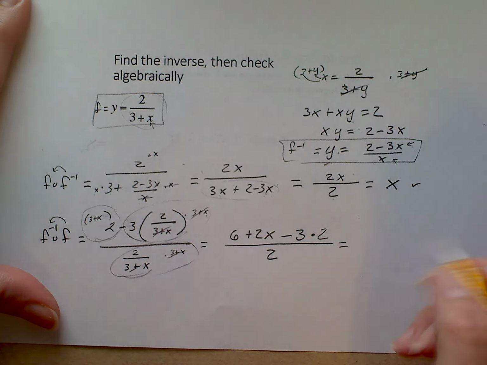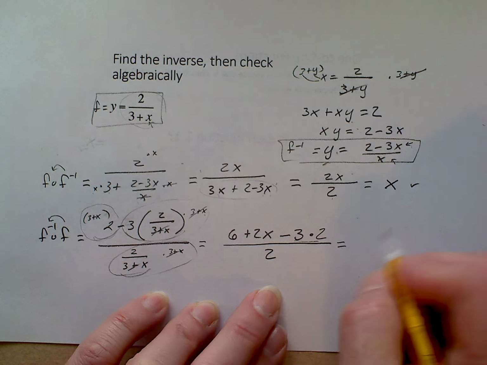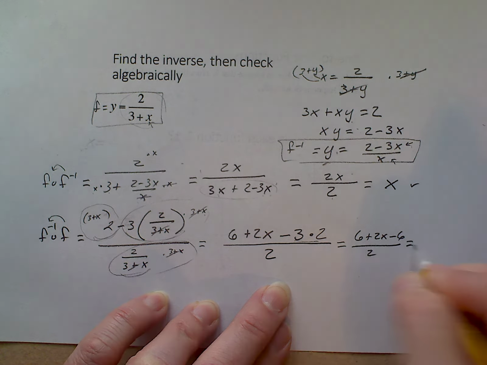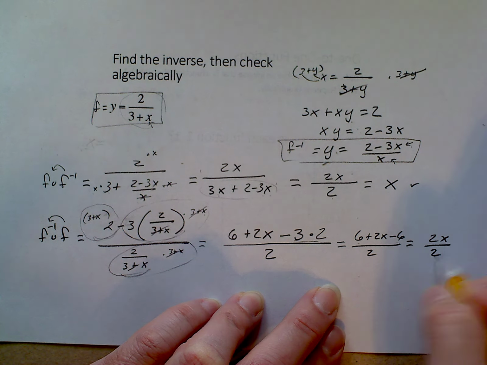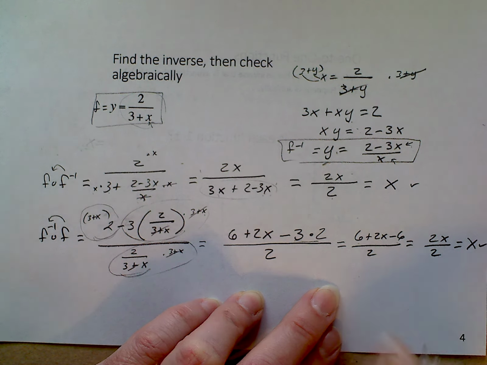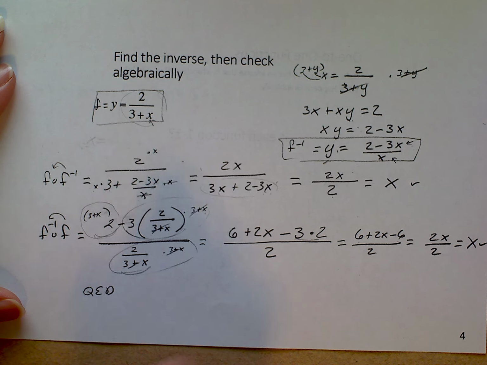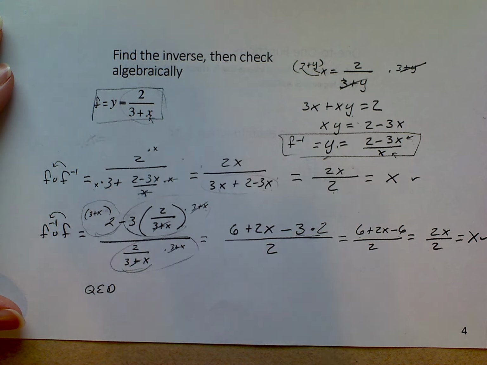This is plan coming together. I'm going to simplify this numerator. The 3 times 2 goes together. Ooh, do you see what's happening? 6's cancel, 2's cancel, x. Therefore, QED. Or, therefore, f is 1 to 1.